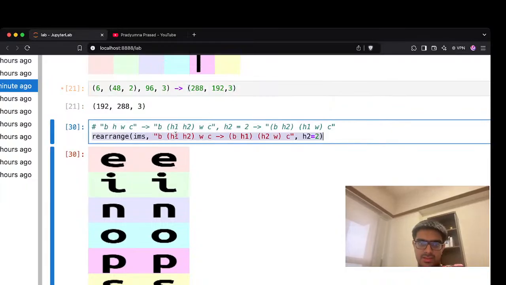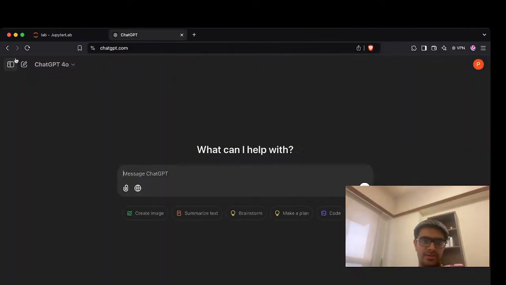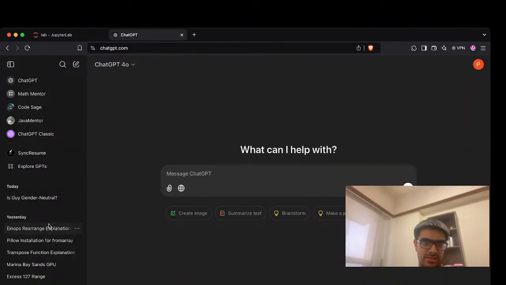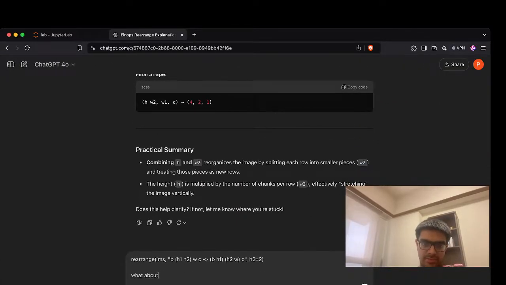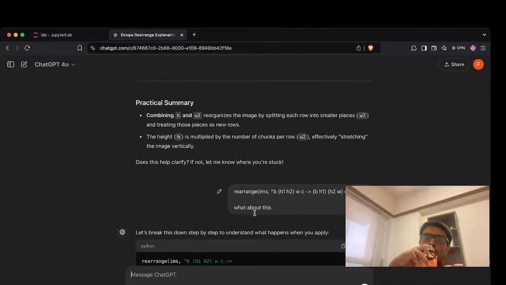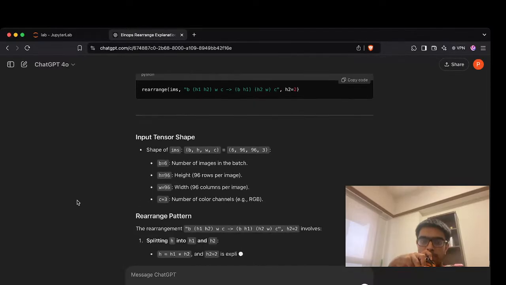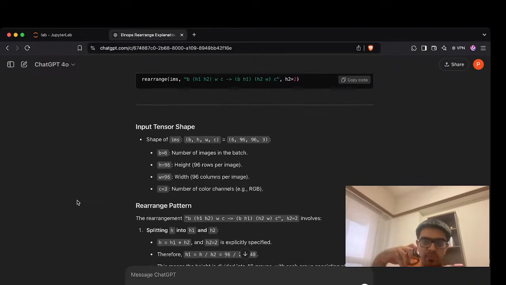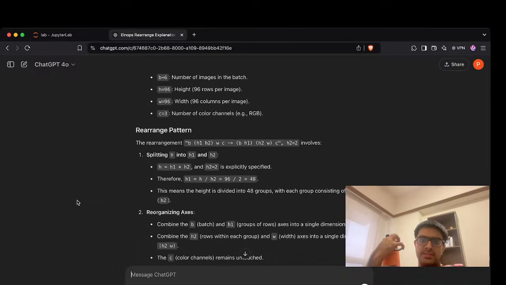Right? Fast, ChatGPT in this. I don't want to overuse ChatGPT too much, but we've got to go at the einops range explosion. What about this? Correct. H1 equals 48.